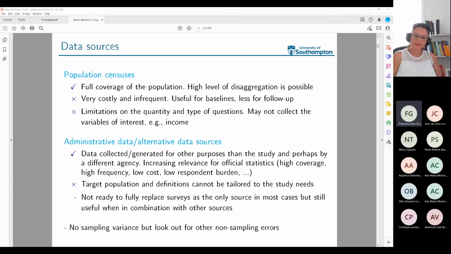Here in DANE, we use the GEIH, the Integrated Survey of Households, to estimate the incomes of households, and in our estimations we take into account the non-response and the extreme values that we find in the survey, so we can estimate the income of households in a full way.